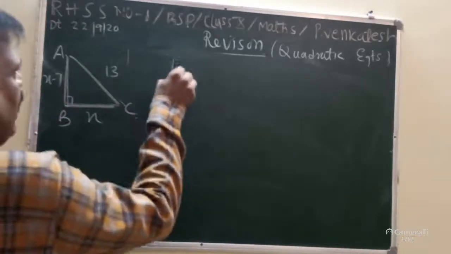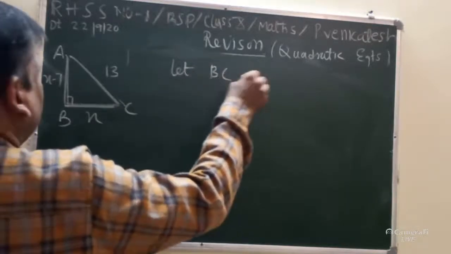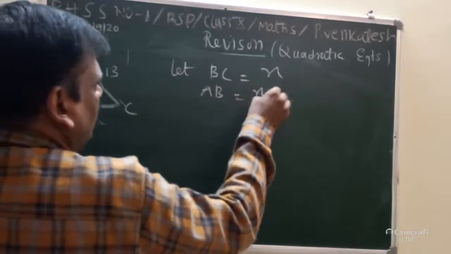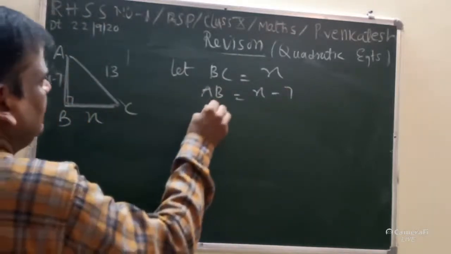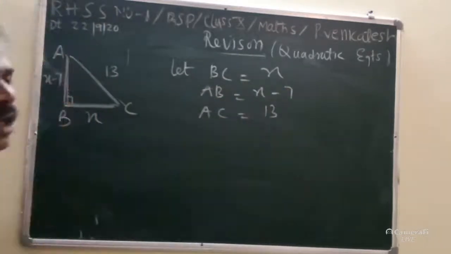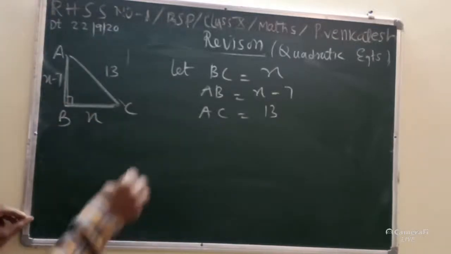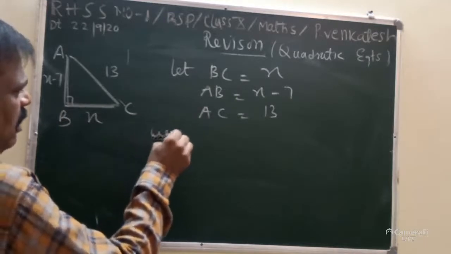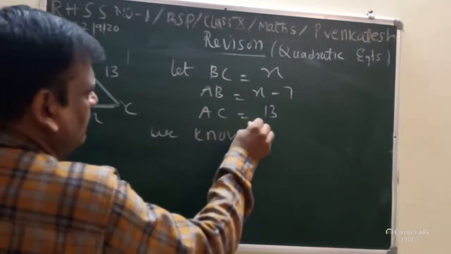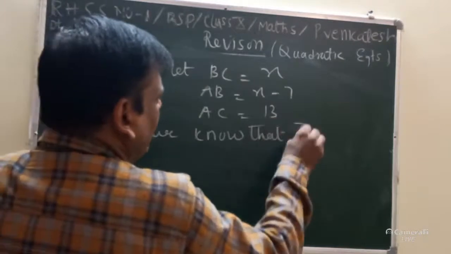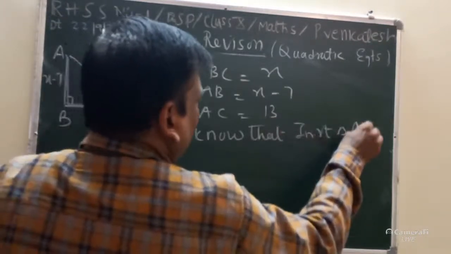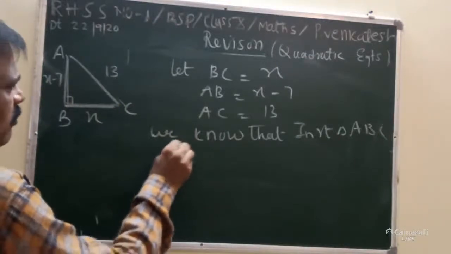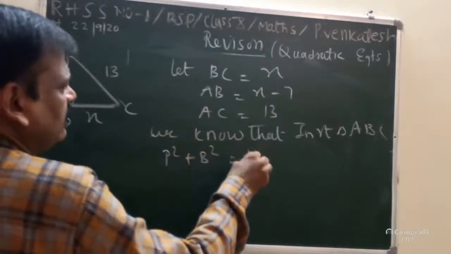Let the base of the triangle, I'm writing short, let BC equal to x. What will be AB? Equal to x minus 7. And hypotenuse AC is given equal to 13. Now in this case, directly you can apply, we know that in a right triangle ABC, H square equal to P square plus B square.